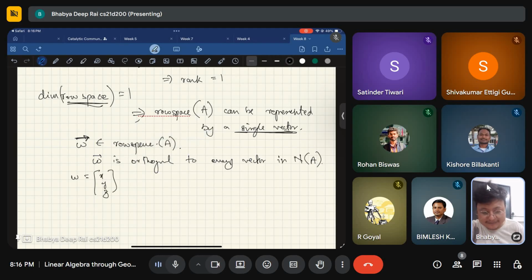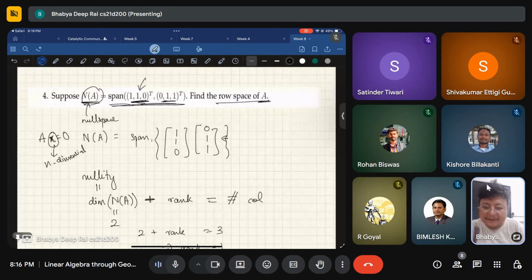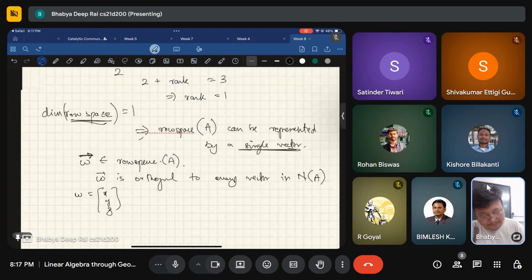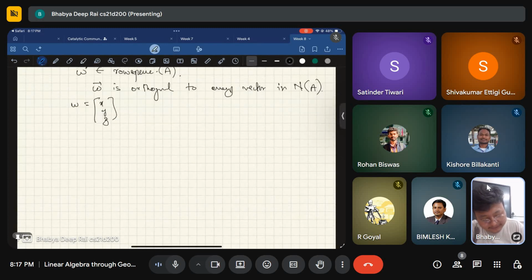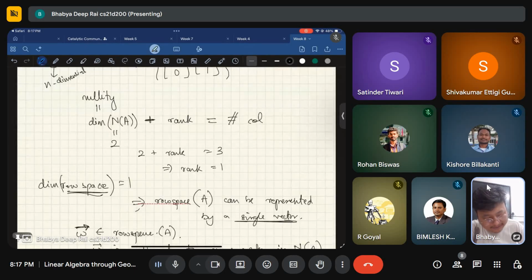Now I need to find this (x, y, z). How do I find it's orthogonal to everything? I'll just find that it's orthogonal to the basis vectors, and that will guarantee orthogonality to everything in the vector space. So firstly I have (1, 1, 0) and (0, 1, 1). It means that if I do a dot product of (x, y, z) with (1, 1, 0), I have 0, and a dot product with (0, 1, 1), I have 0.